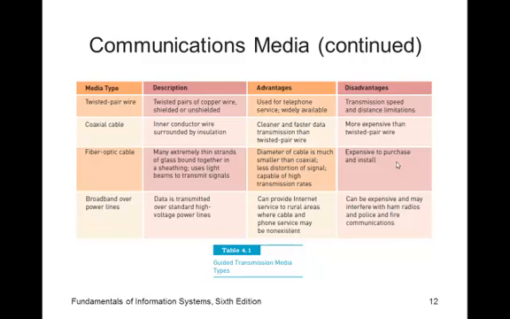And then broadband over power lines is another way of transmitting data. This is one way that cable, phone service, and network services are provided to rural areas where there might not be easy access to those services.